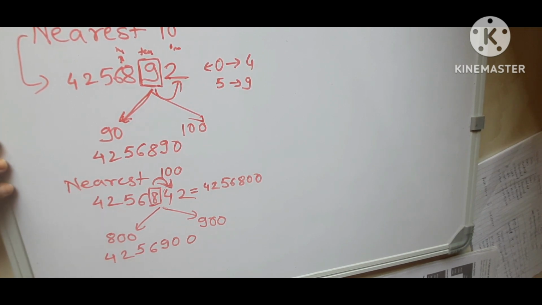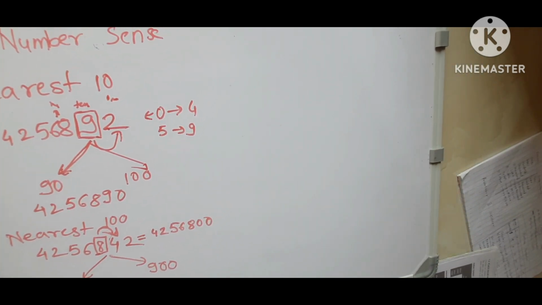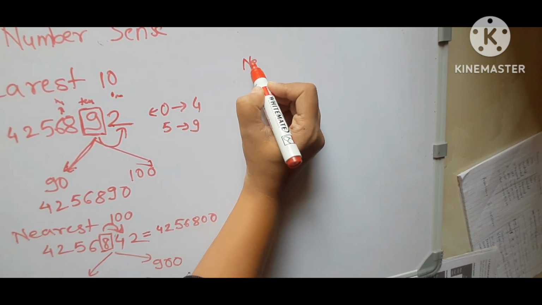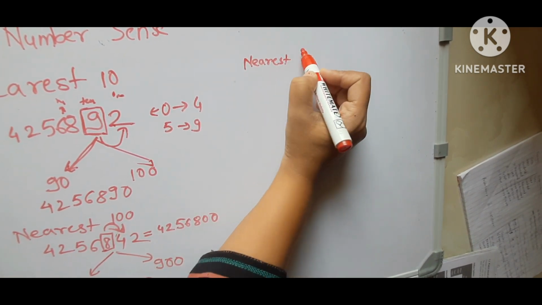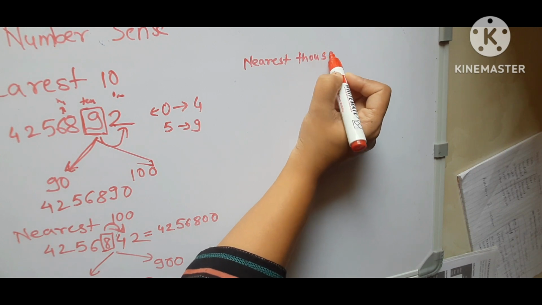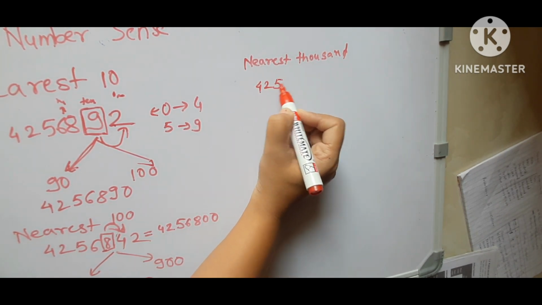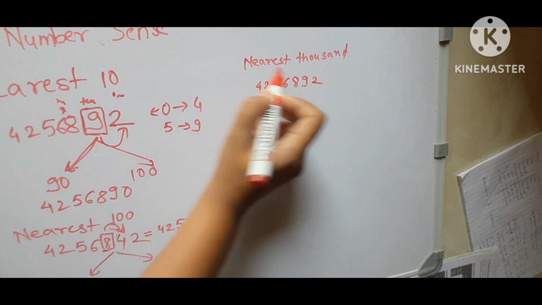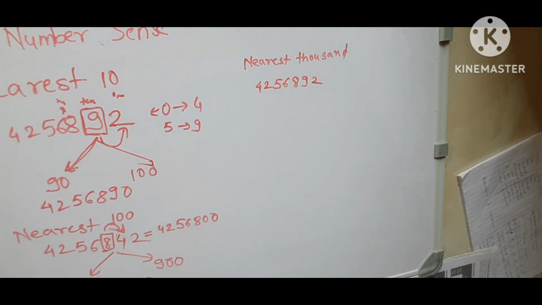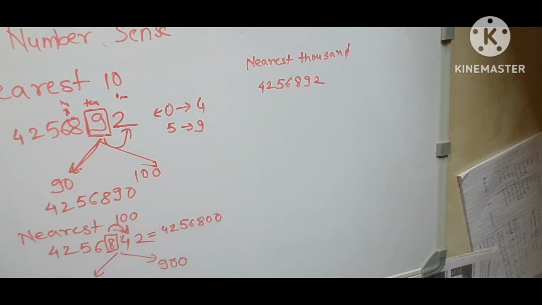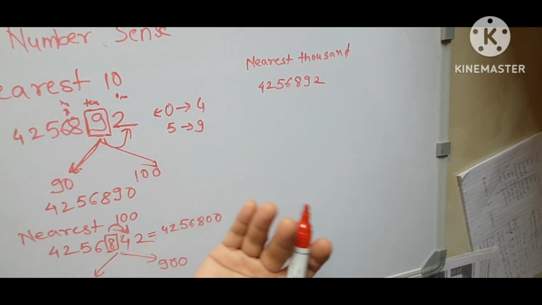Now they might ask you to convert to the nearest 1000. I'll take the same example again, 4256892. The process remains the same, but we have to find out the 1000.